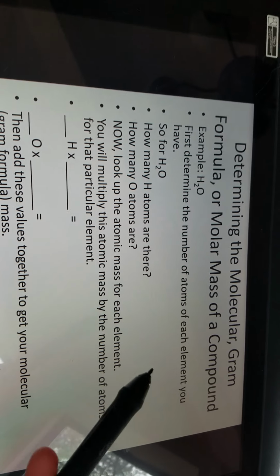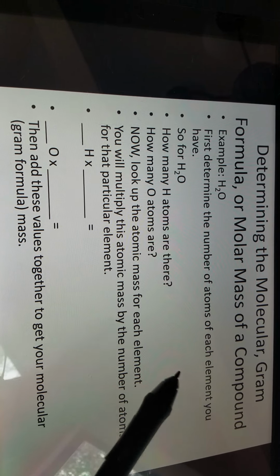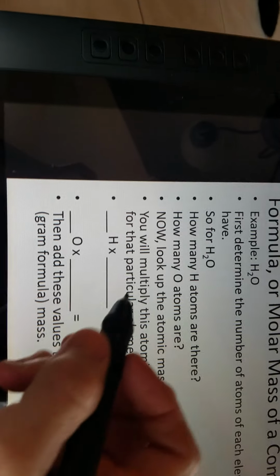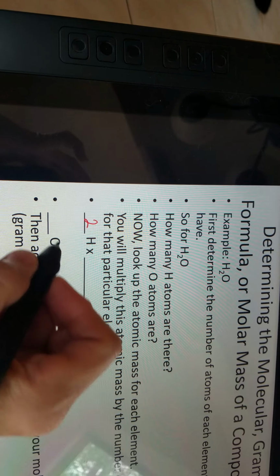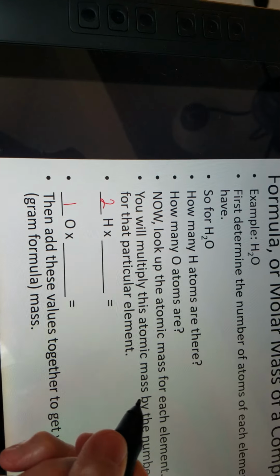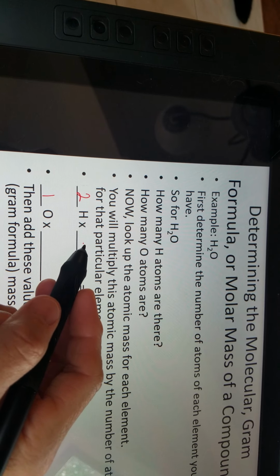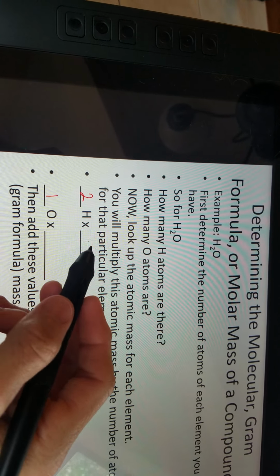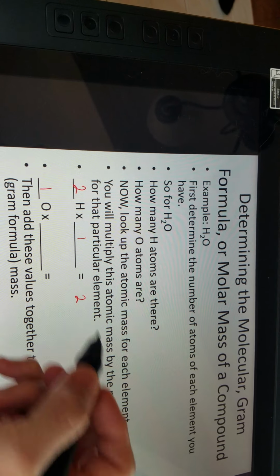Once you figure out how many atoms you have, we can use this information to determine our gram formula mass or our molar mass. So if we go back and look at water, remember there's 2 atoms of hydrogen, there's 1 atom of oxygen, and then all we have to do is multiply each of those quantities by their atomic mass. So remember, hydrogen's mass approximately is 1, so if I multiply that together, that'd be 2.